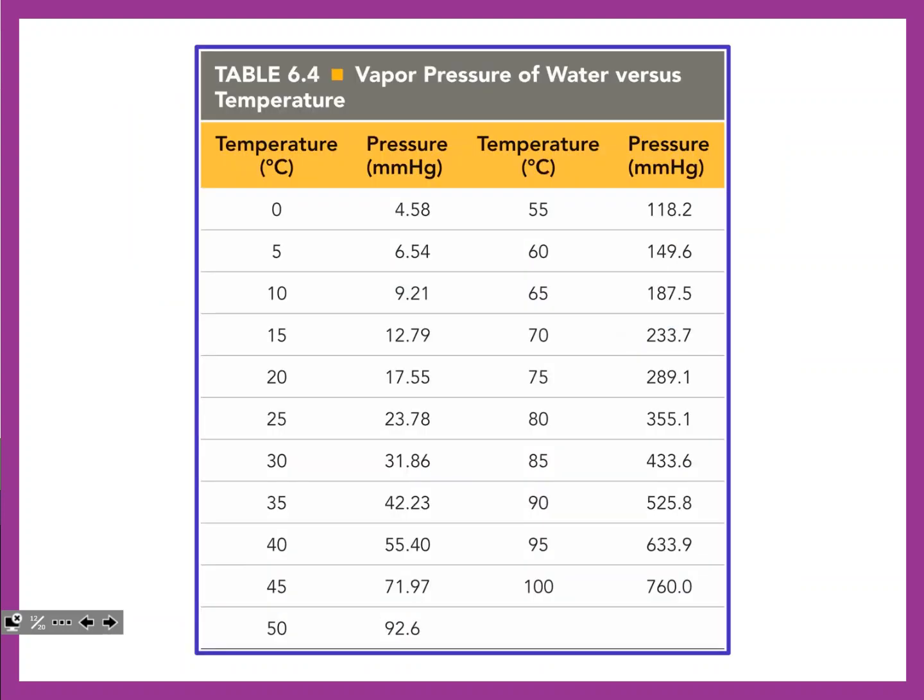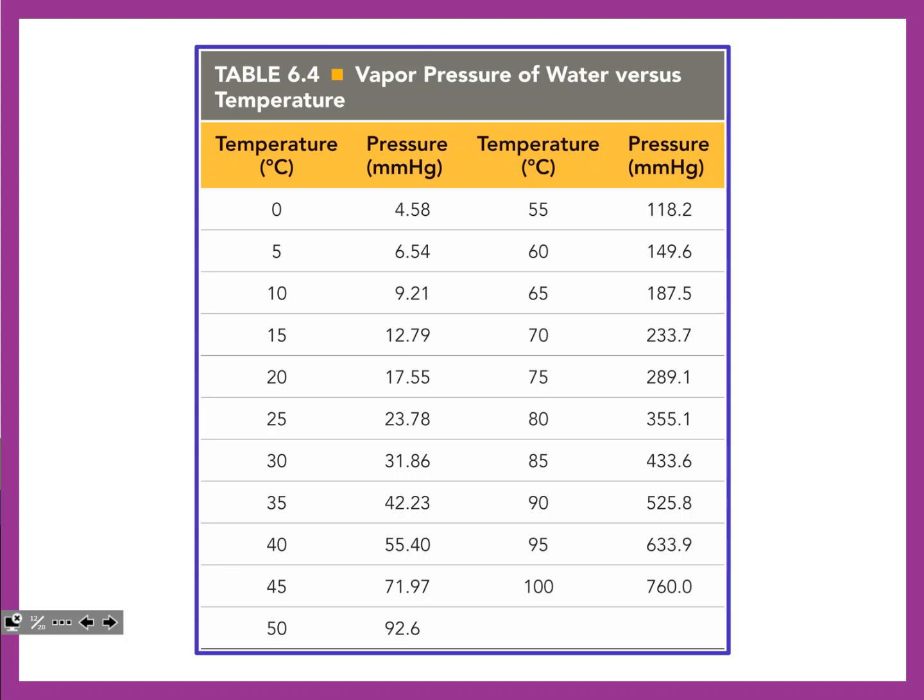All right, there is a problem in your problem set, and I put this in here for you because you need to be able to look up the different water vapor pressures at different temperatures, because they vary. In the problem set, I don't think they provide you the table in the problem. But don't forget when you get to this problem that you're going to have to subtract out that water vapor pressure at whatever temperature it is.